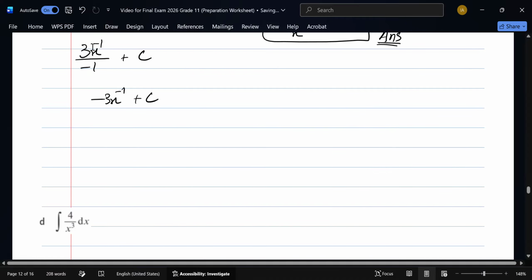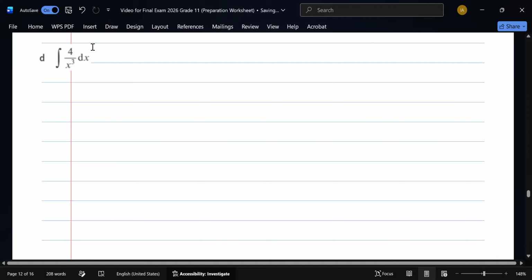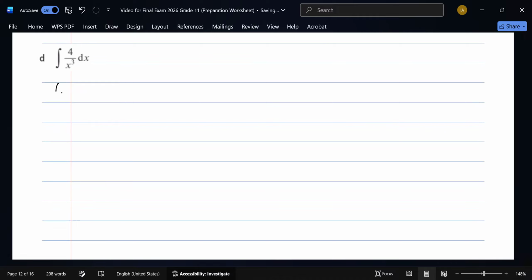Okay, that's part D. As you can see, slight problem. Before integration, your x should be in the numerator. As we do so, the power becomes negative. So, follow the rules. Add 1 in the power and divide by the same power. And don't forget to add the constant c.